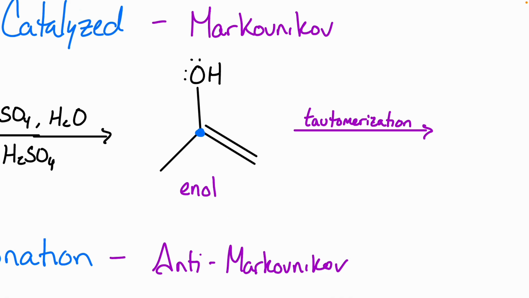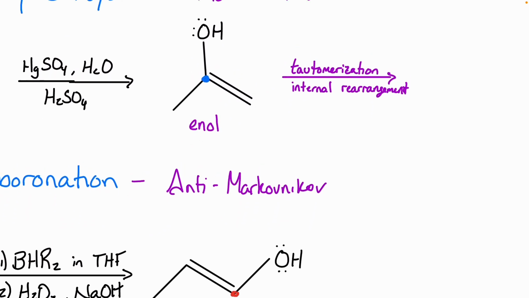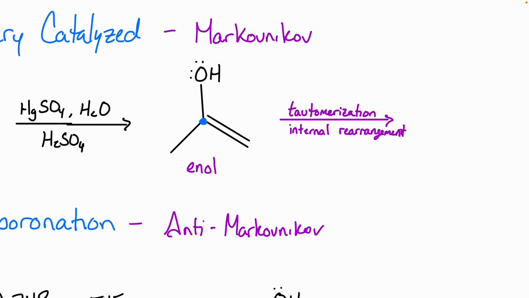which, you know, you don't really have to worry too much about knowing how to pronounce correctly. I had to look it up before coming here so that I made sure not to say it wrong in front of everybody. This is a tautomerization, which is a fancy way of saying an internal rearrangement to produce a ketone.